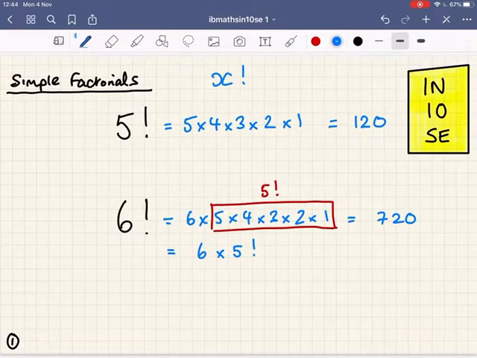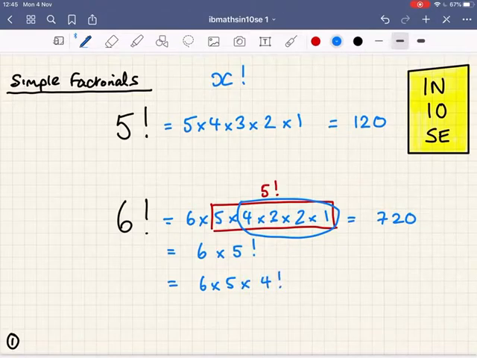That's going to be useful later on if we want to try and manipulate expressions with factorials in them. You'll also notice that it could have been written as 6 times 5 times 4 factorial. And miraculously, they'll all give the same result of 720 if you work them out on your calculator.